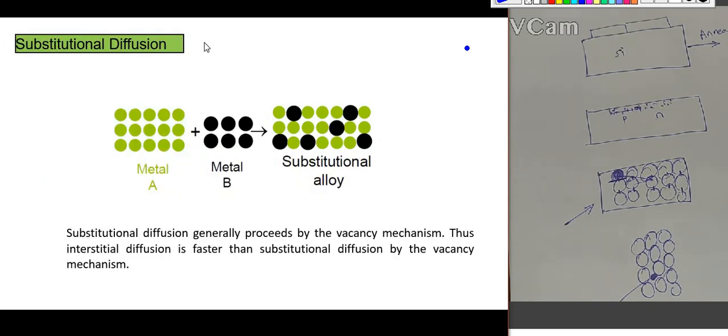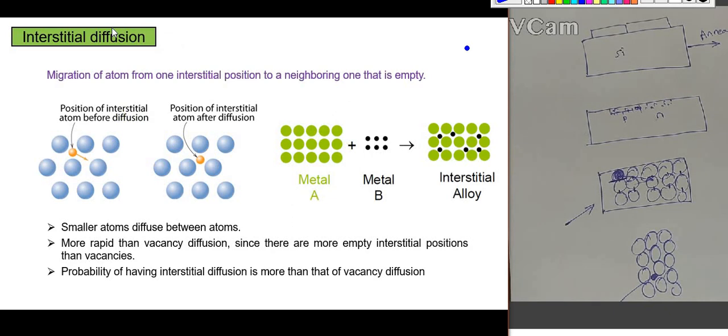Second one is substitution alloy. In case of substitution diffusion, the substitution diffusion is used to create a substitution alloy. Here we can see the metal A and the metal B atom, and when we compare them, we can see the size of the metal A and the metal B is almost the same. But in interstitial alloy formation, the size difference is very large for metal A and metal B. So this metal B can easily enter the interstitial sites.